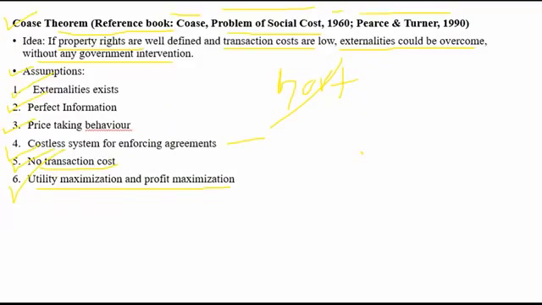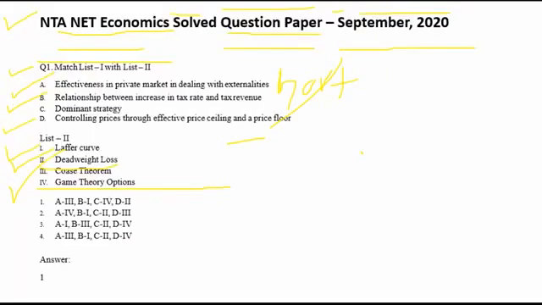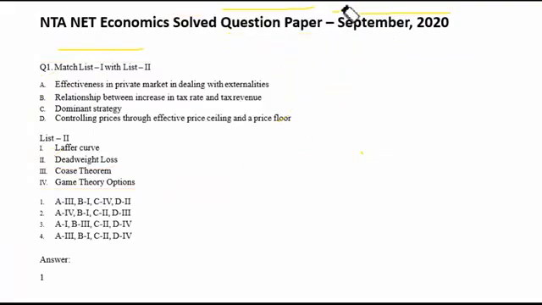So let's look at the match the following question. Let me erase this. It's very simple: the first option, the effectiveness of the private market in dealing with externalities, is Coase theorem, right?